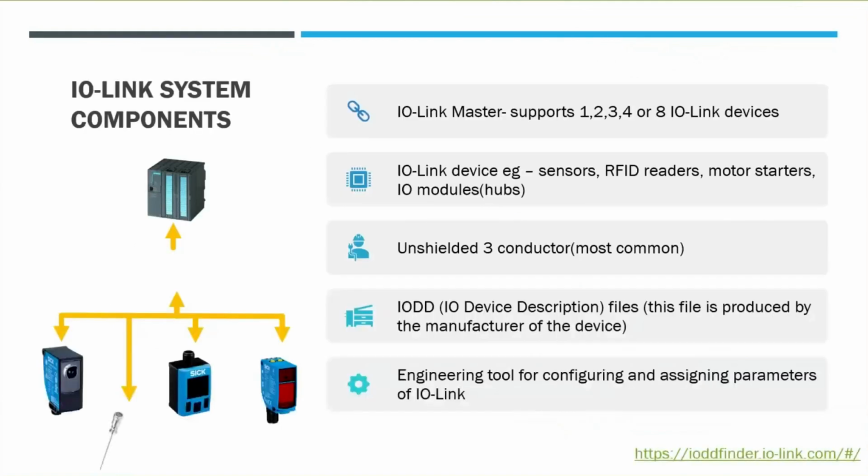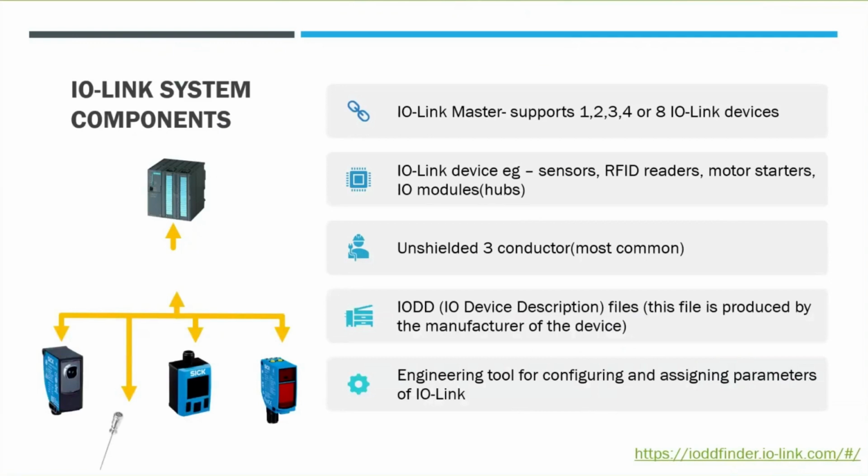There are some key components for every IO-Link communication to take place. So firstly, IO-Link master block, which can be 1, 2, 3, or even 8 ports capable, depending on how many sensors you have. And each port on a master block is used for one particular sensor, since this is a point-to-point communication protocol.